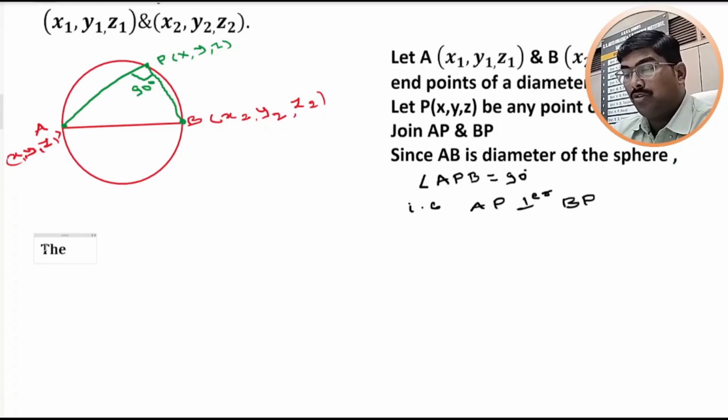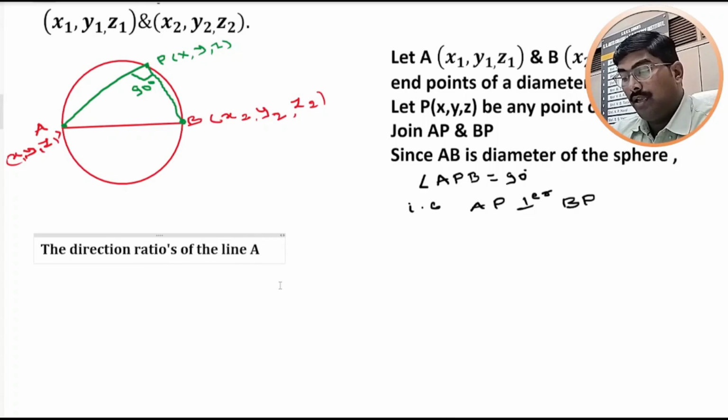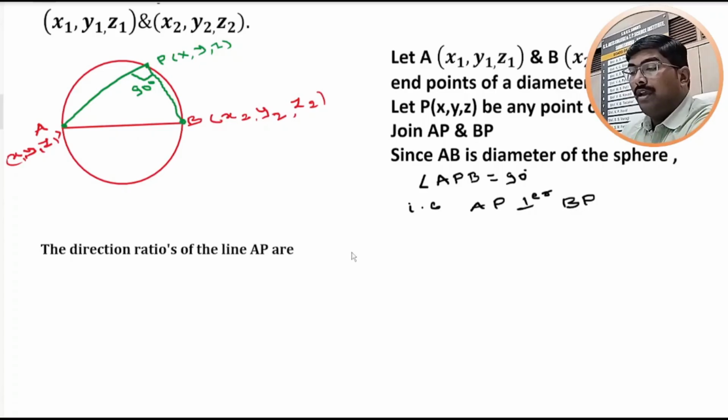The direction ratios of the line AP are x minus x1, y minus y1, z minus z1.